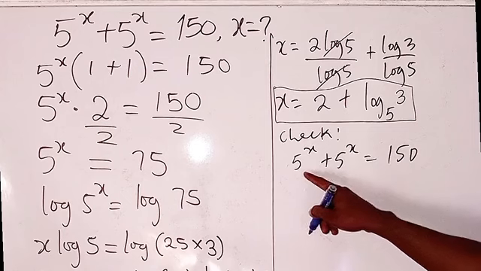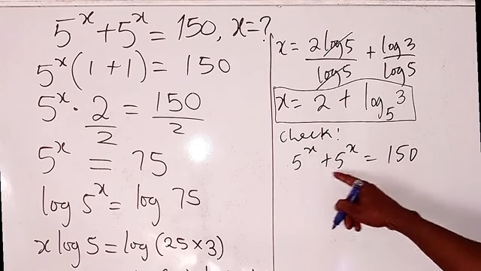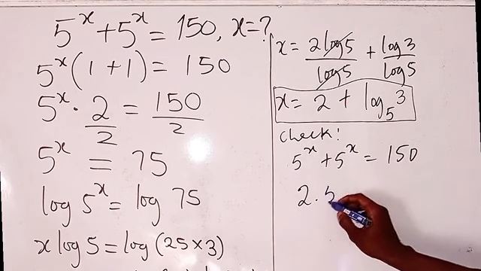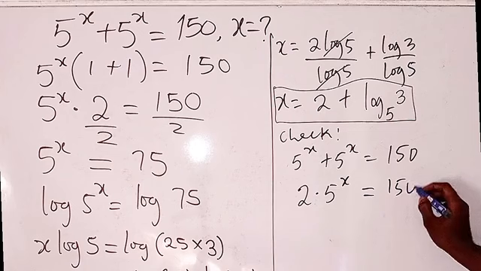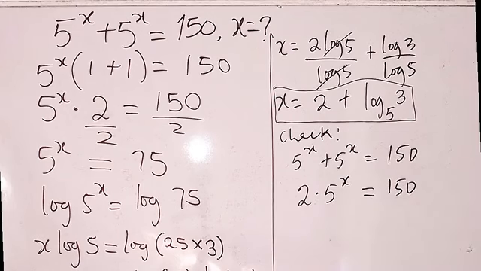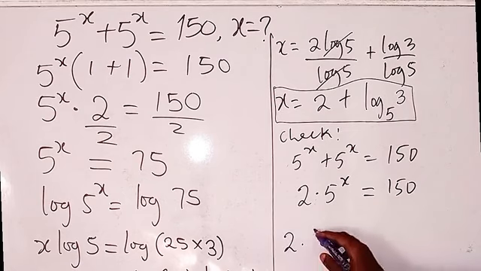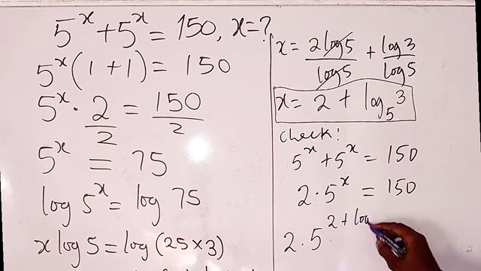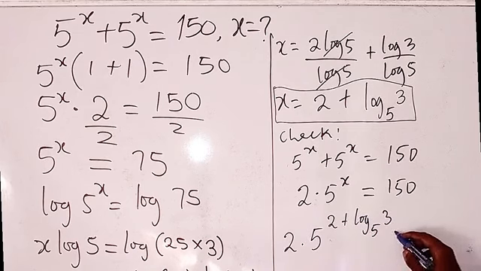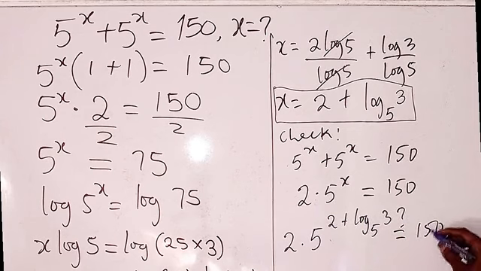You can see that this is 5 to the power of x, 2 times. Therefore 2 multiplied by 5 to the power of x equals 150. So now wherever we see x, let's put the value we got. We have 2 multiplied by 5 to the power of 2 plus log base 5 of 3. Is this going to give us 150?